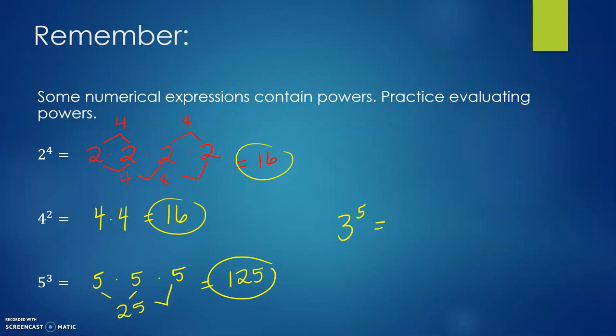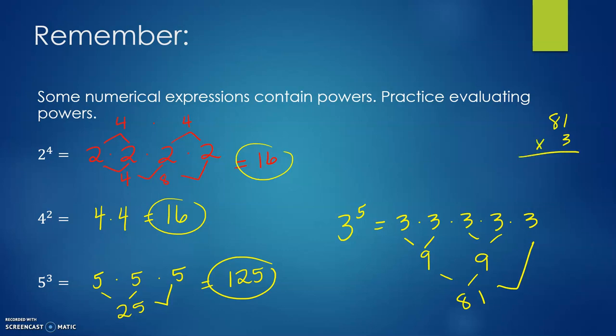Okay, and then just to show you what I was talking about, 3 to the fifth power, I switched those. This is going to be 3 times 3 times 3 times 3 times 3. So I know that's 9. I'm going to pair those up as well. 9 times 9 is 81, and then I can't forget about my 3 over here, 81 times 3.